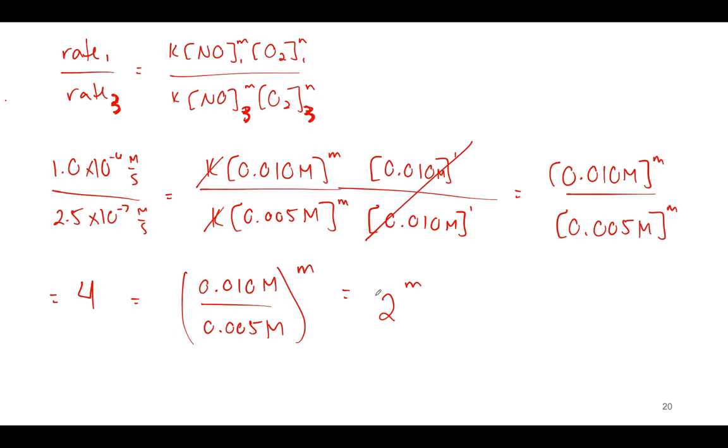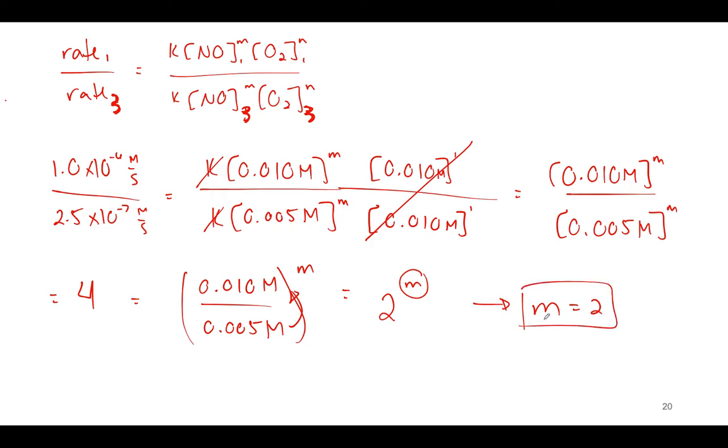So now we can see that as the concentration of our nitrogen monoxide is doubled between trials 3 and 1, its rate increased by a factor of 4. In other words, the rate of trial 1 was 4 times faster because the concentration of NO was twice as large. So we can use this information to find our exponent M. In order for this equation to be true, M is going to have to equal 2.